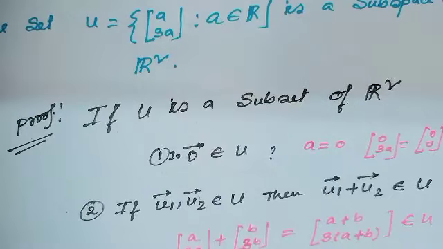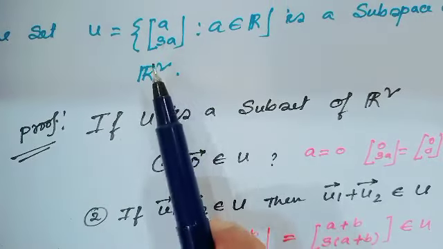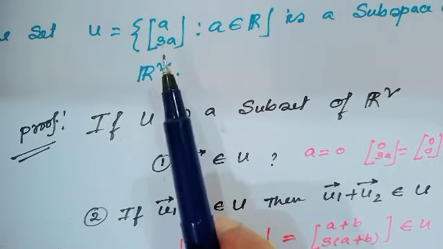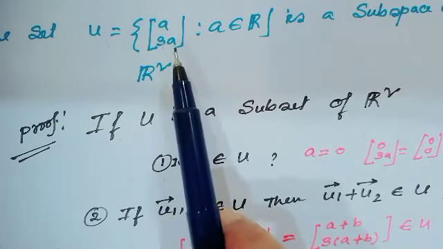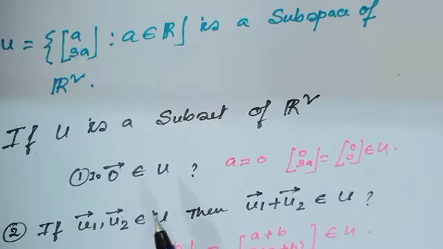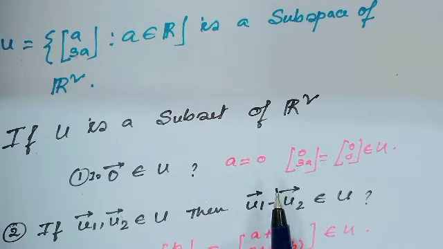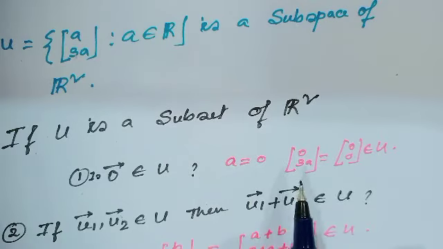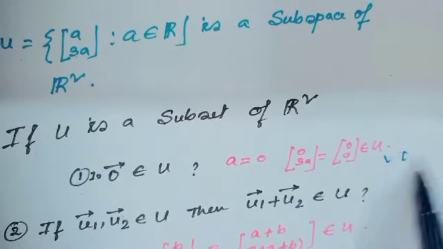Obviously, this is a subset of R2 because it contains those vectors of the form (a, 3a) where a belongs to the real numbers. Next, we have to check whether the vector 0 is contained in the set U. Obviously, this is true because when a equals 0, then (0, 3a) would be (0, 0). Obviously, this belongs to U.